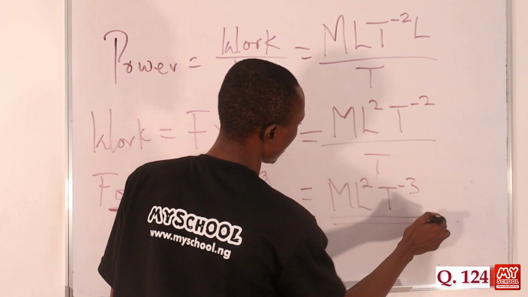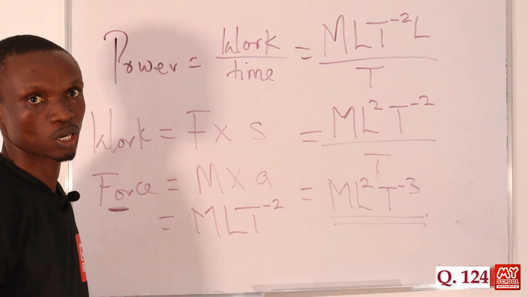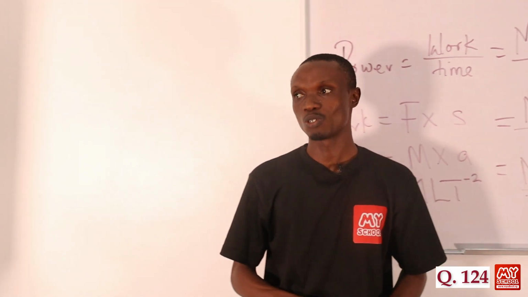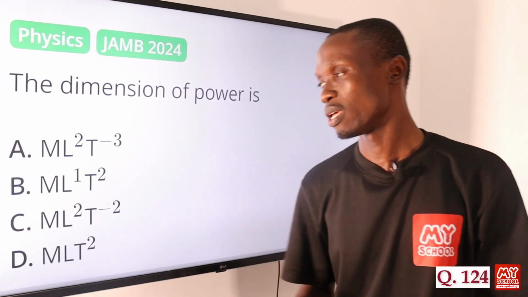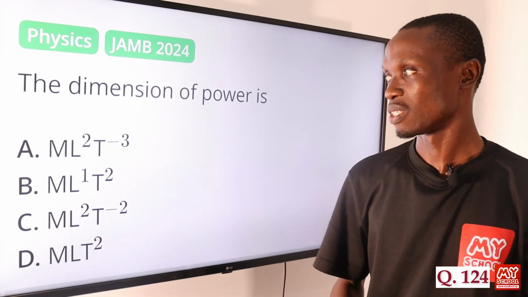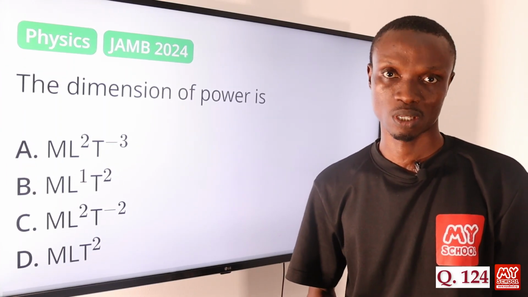So this gives us the dimension of power. Let's return back to the screen to pick the correct answer to this question, and that is option A, ML squared T raised to power minus 3.